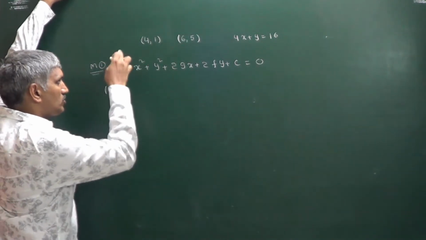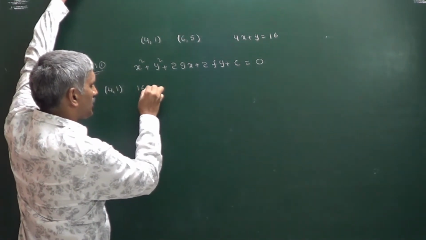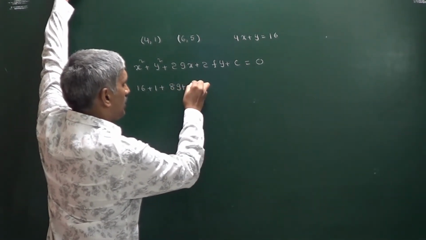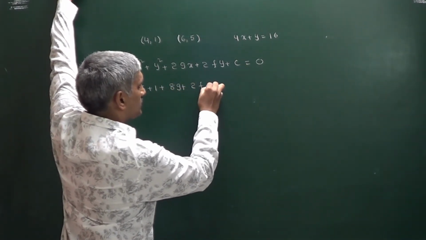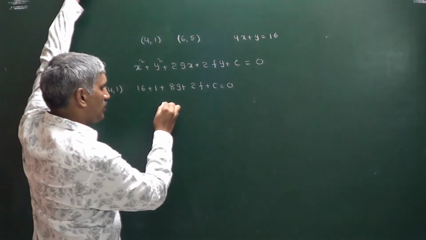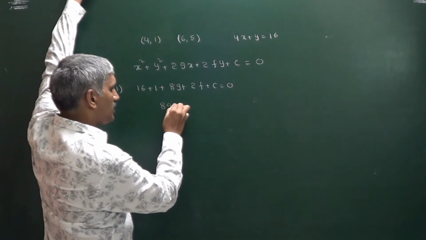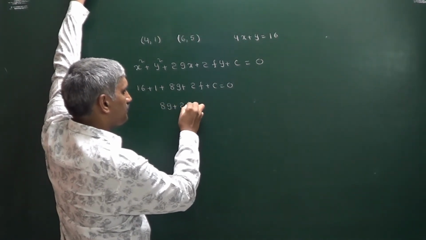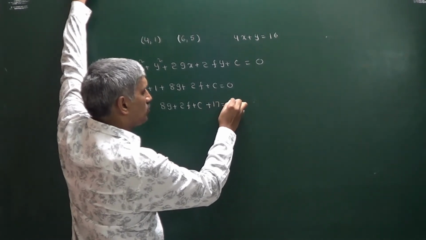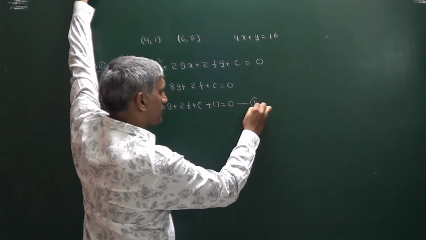When it is passing through (4, 1), what happens? 16 plus 1 plus 8g plus 2f plus c equals 0. So from this we get 8g plus 2f plus c plus 17 equals 0. That is one relation we got.